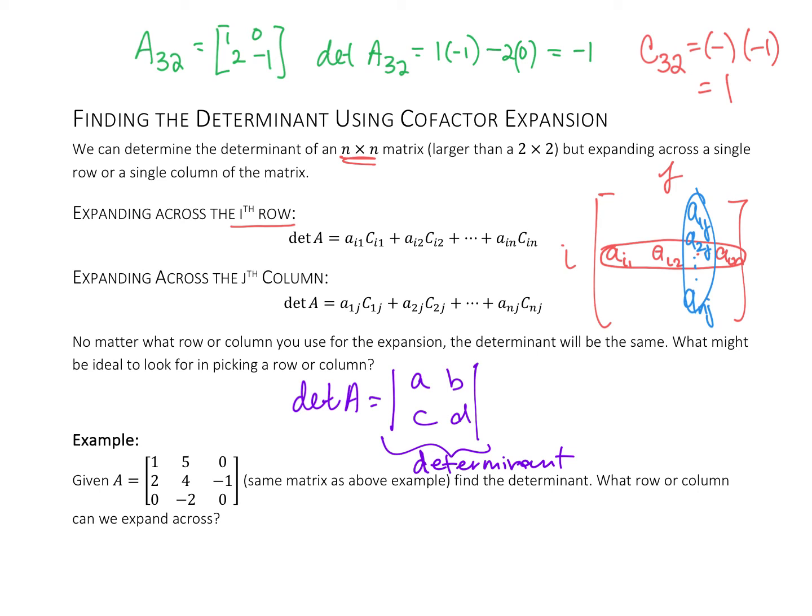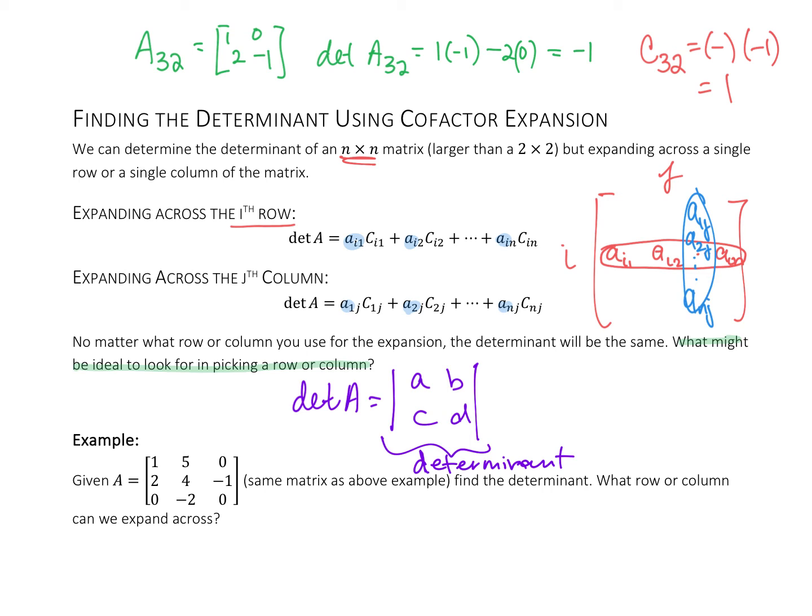Oh, right, I got sidetracked. So what might be ideal to look for in picking a row and a column? Well, when I see multipliers and I want to add a bunch of stuff up to make things easier, if I have 0 multipliers, then things go away.